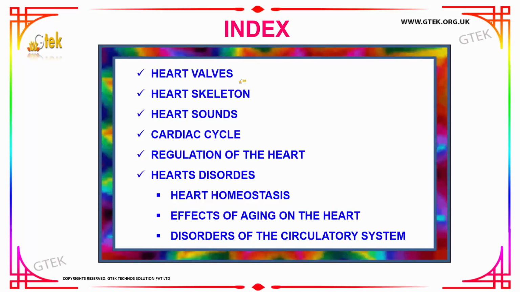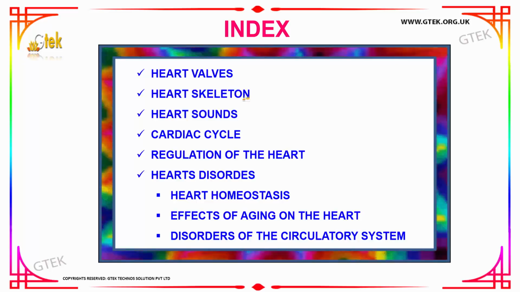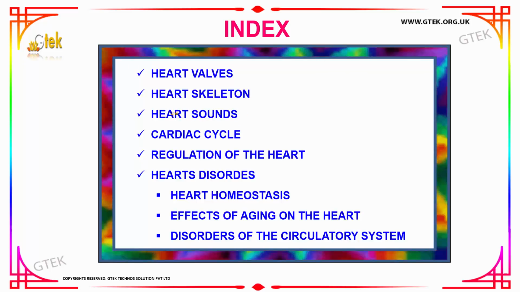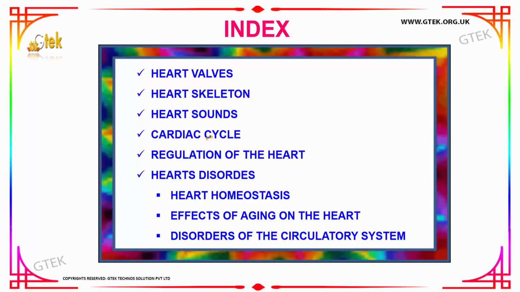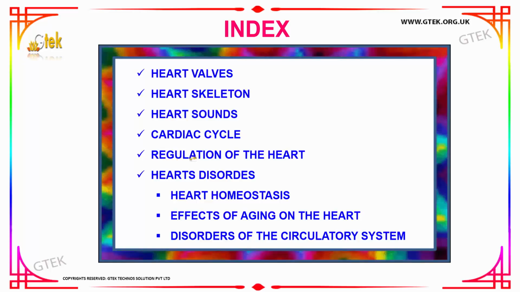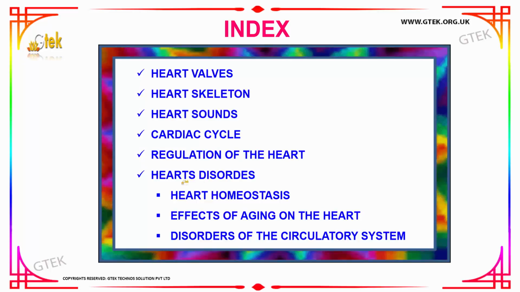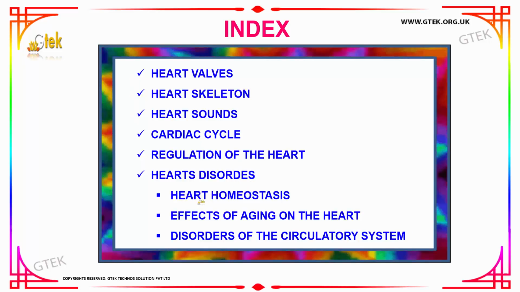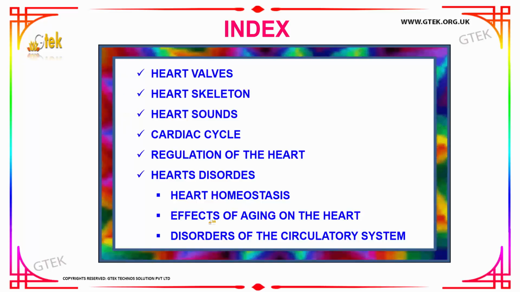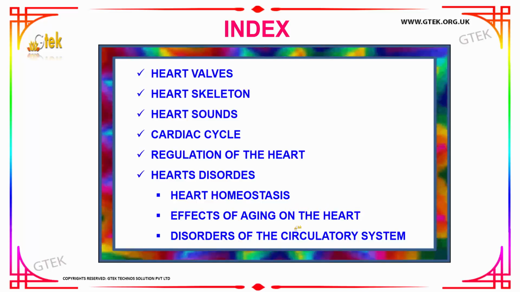We are going to study the heart valves, the heart skeleton, and the sounds that are produced in your heart, followed by the cardiac cycle. After which we will be discussing the regulation of the heart and heart disorders such as heart homeostasis, effects of aging on the heart, and the disorders of the circulatory system.